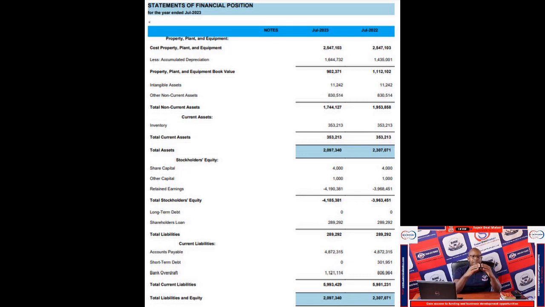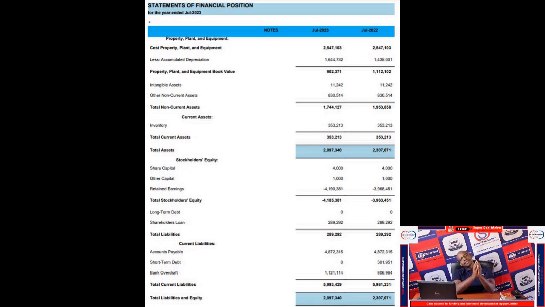That's the fancy word for it. But if you're not enjoying the benefits today, but you're going to enjoy the benefits over a period of time, but not more than 12 months, then that becomes a short-term asset or current asset in accounting terms.